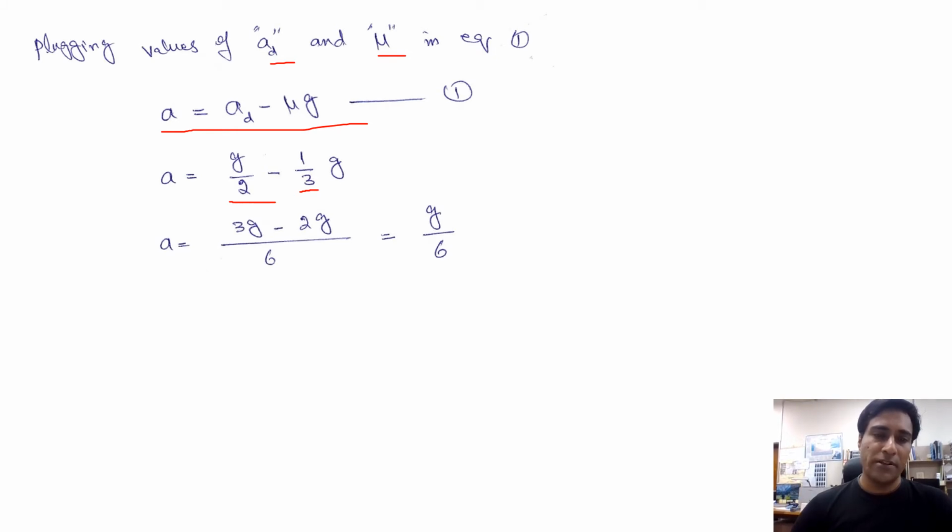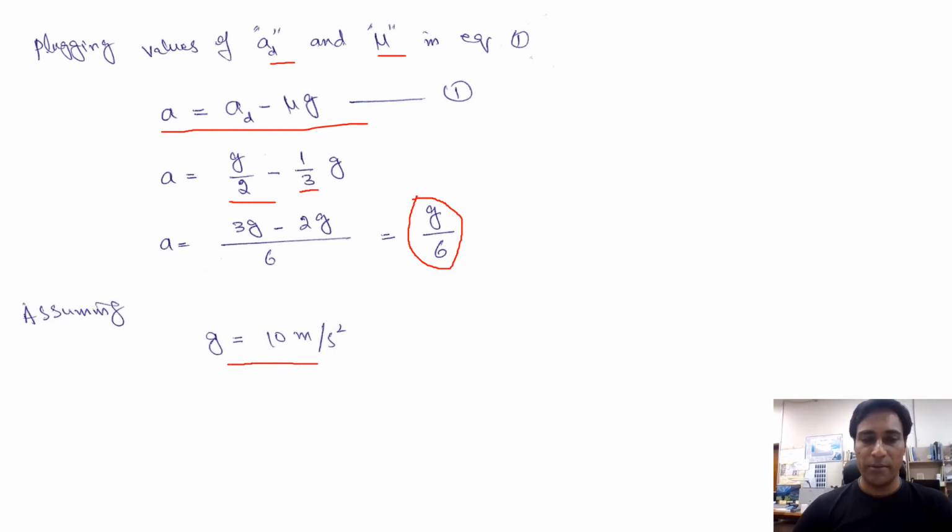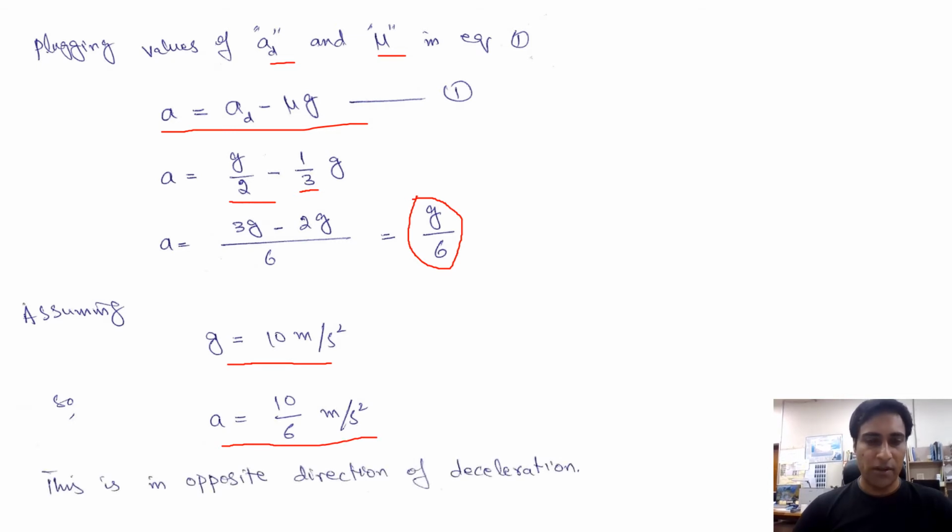After simplification we get a is equal to g/6. Here we will assume that g is equal to 10 meters per second squared. So finally a is equal to 10/6 meters per second squared. This acceleration is in the opposite direction of the deceleration. So this is the first part of the problem.